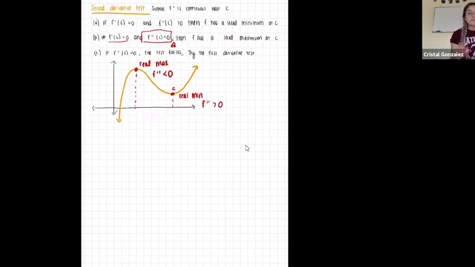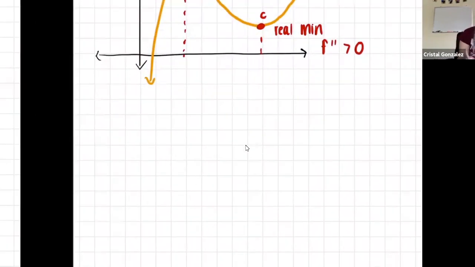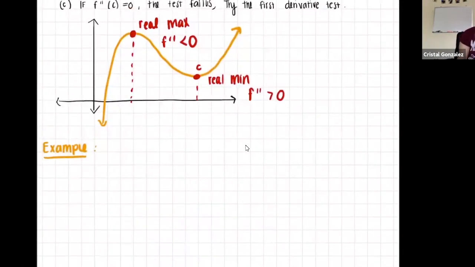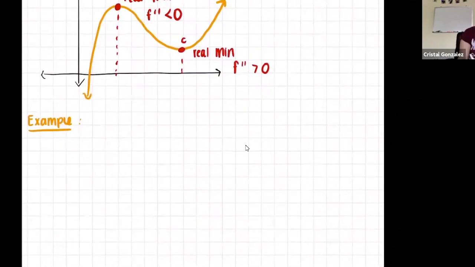So now I want to do an example. Let's say we have the function y equals x to the 4th minus 4x cubed.